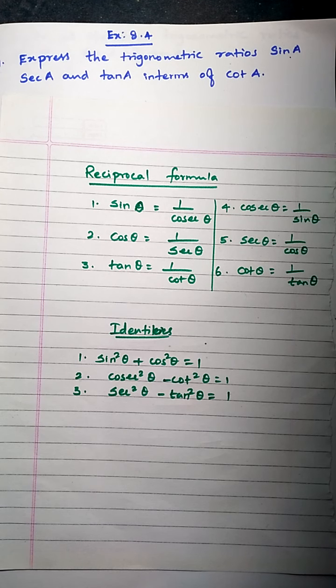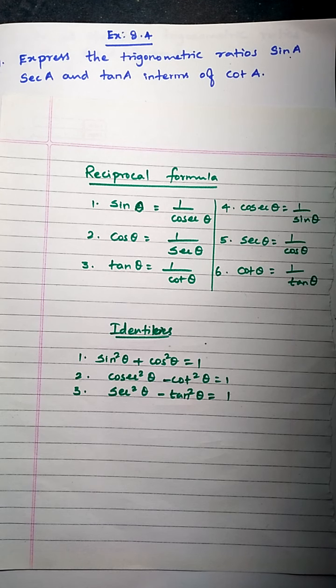Okay, so let's take first sin A. We know in the reciprocal formula, sin theta is equal to 1 by cosecant theta. This is the reciprocal relation. So we can write sin A is equal to 1 by cosecant A.